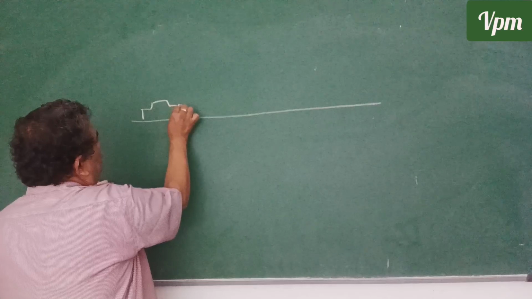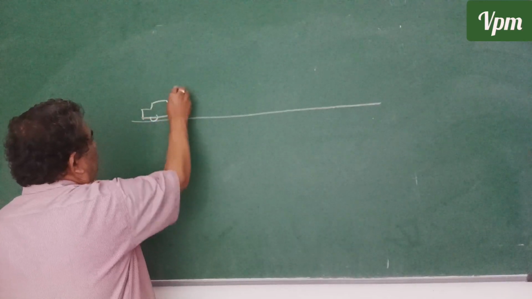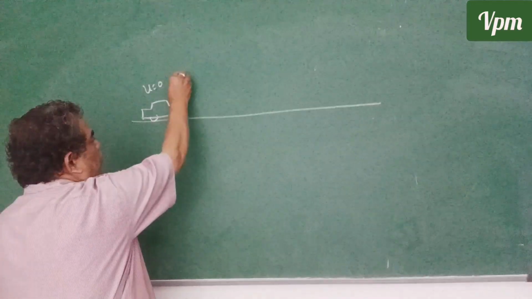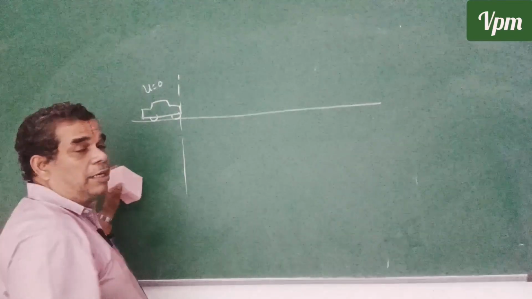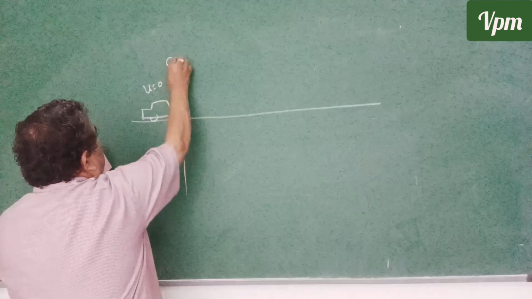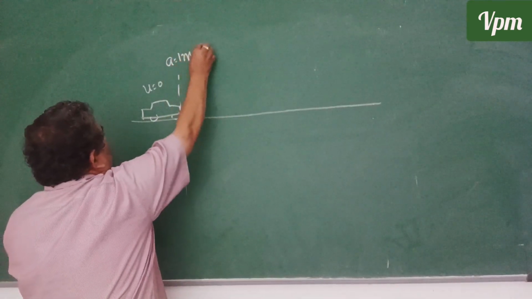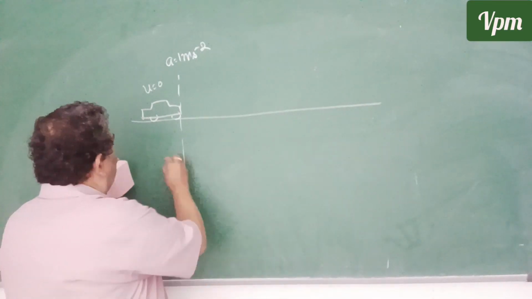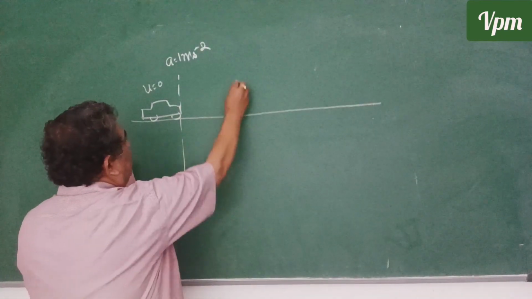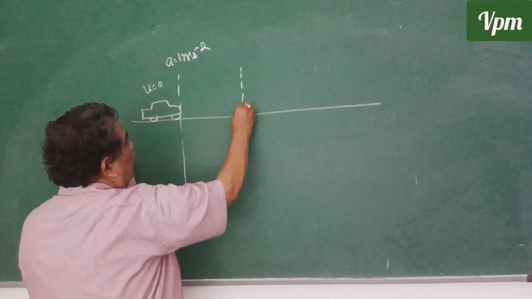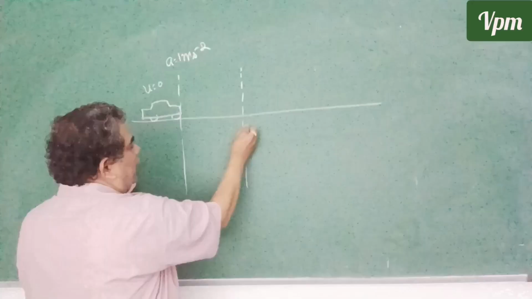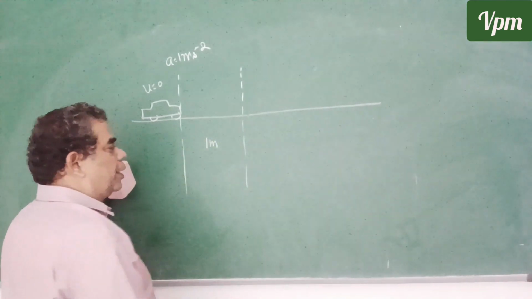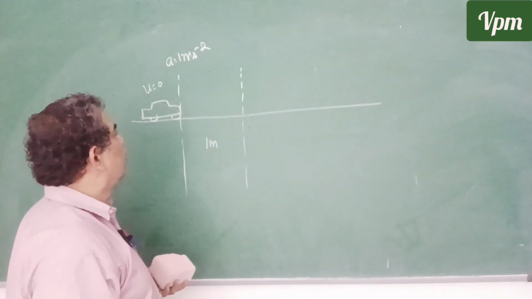This is the car, and it is at rest, u equals 0, initial velocity. Then it moves with, say, 1 meter per second square acceleration. Now, after 1 second, it acquired some velocity and traveled, say, 1 meter. We say simply 1 meter.